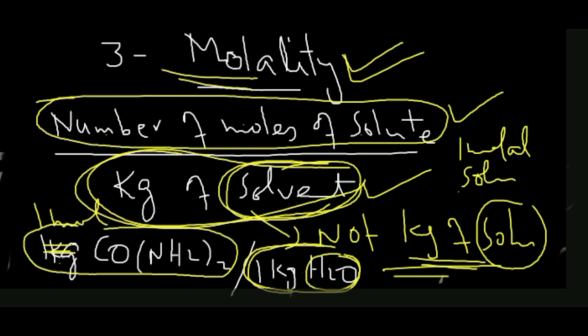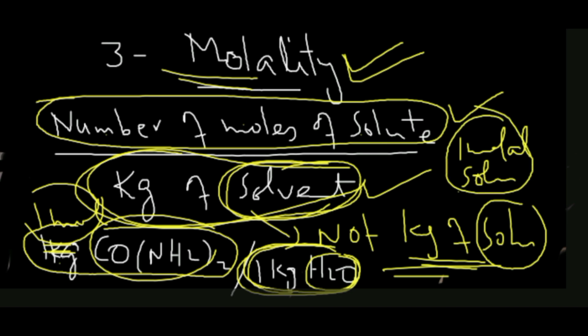So by dissolving 1 mole of urea in 1 kg of solvent, water, we get a 1 molal solution. This is called molality, a molal solution.